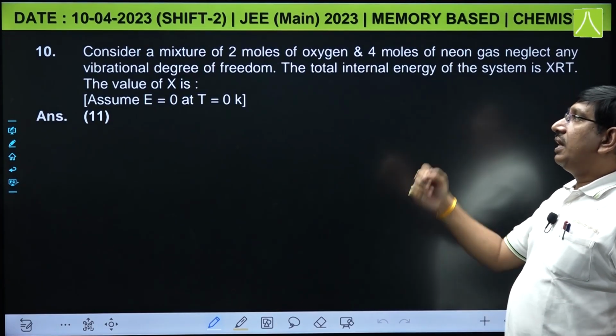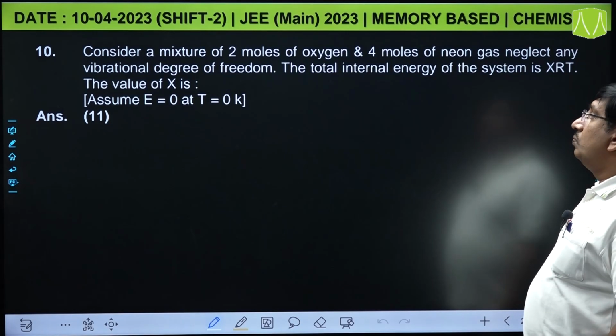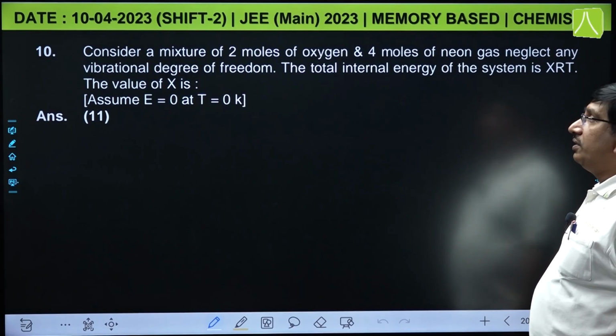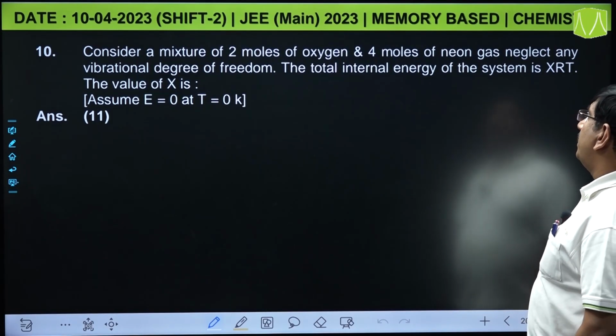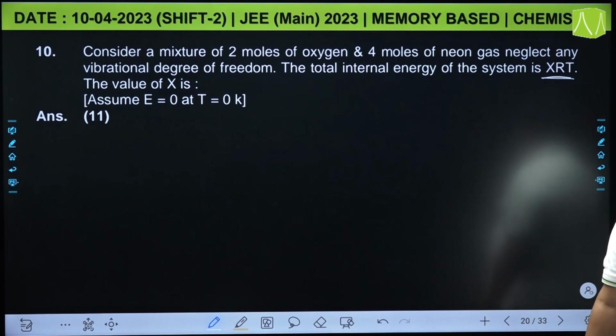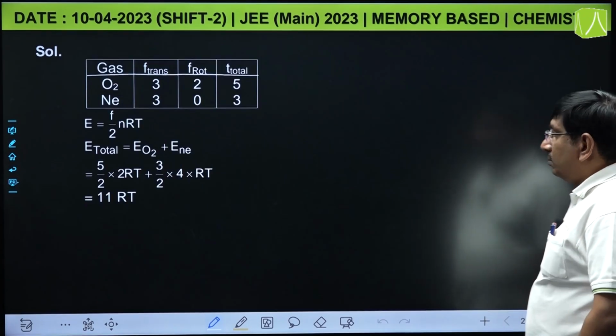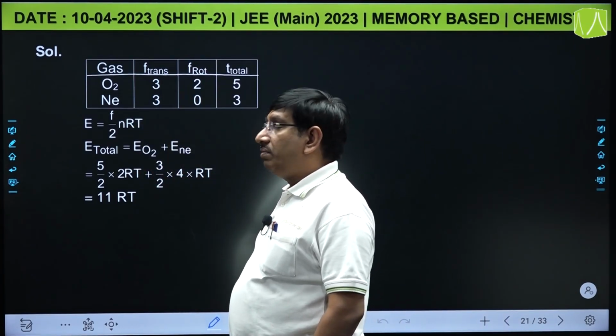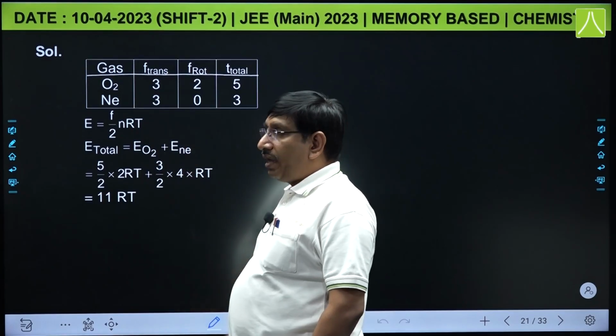The next question, consider a mixture of 2 moles of oxygen and 4 moles of neon gas. Neglect any vibrational degrees of freedom. The total internal energy of the system is XRT. The value of X is, here the internal energy can be related to degrees of freedom as f/2 nRT.